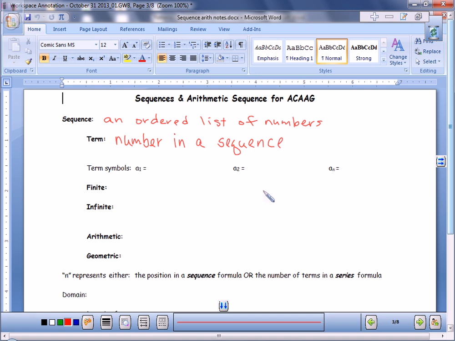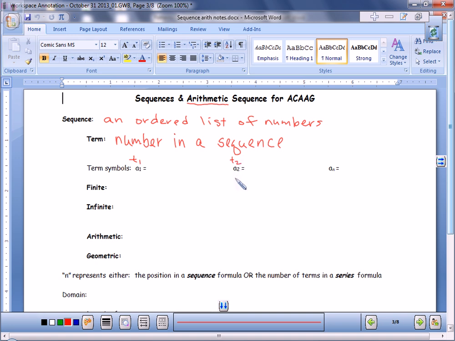Now, here I labeled this a sub 1, and here I labeled this a sub 2, and here I labeled this a sub n. And the reason I did that is because today we're really only looking at arithmetic sequences. But I could also label this t sub 1 to represent the first term without telling you it's arithmetic. Or I could call this t sub 2 to represent the second term.